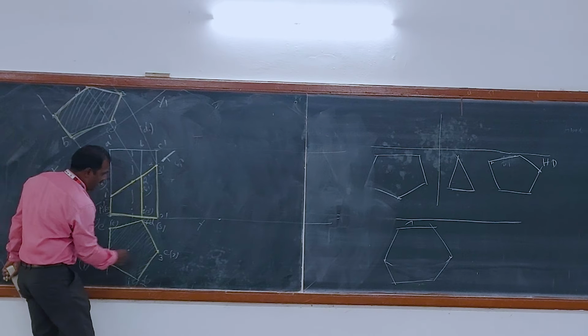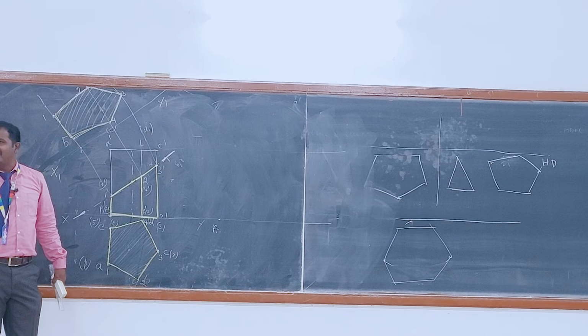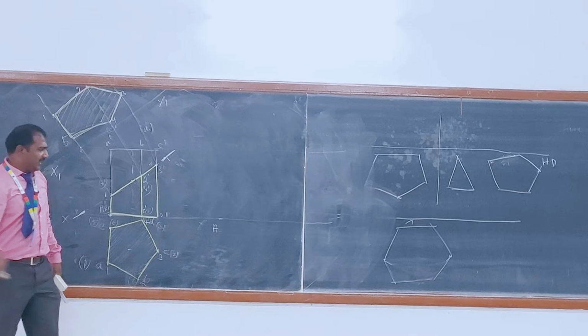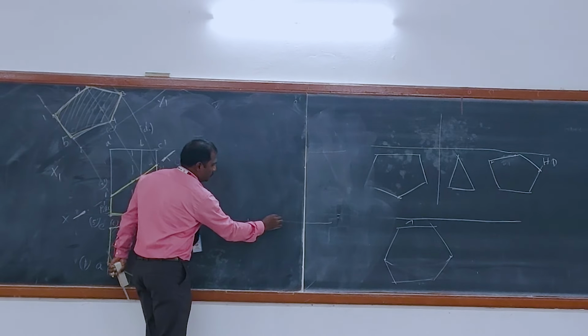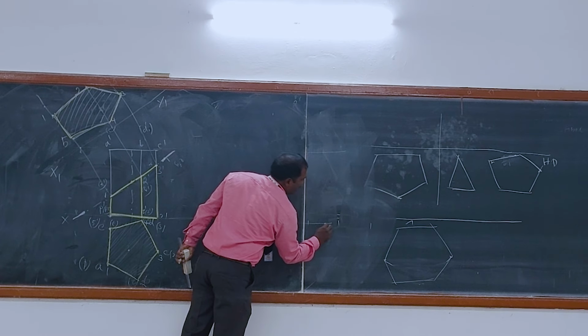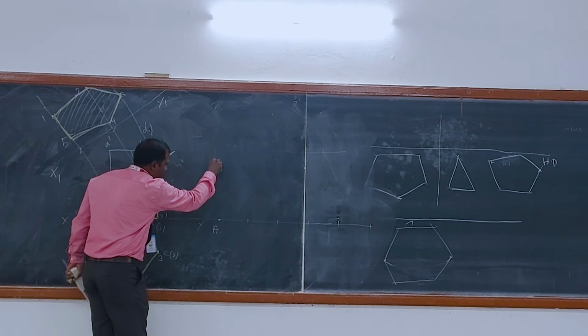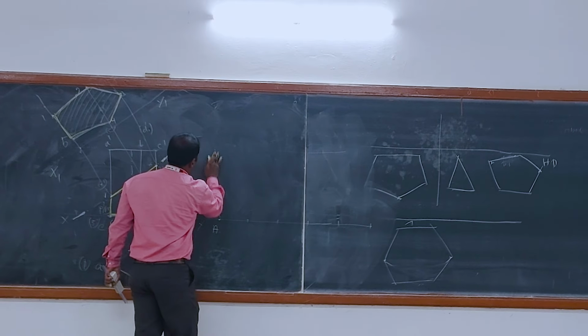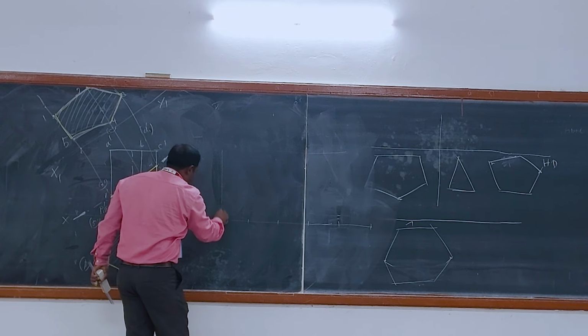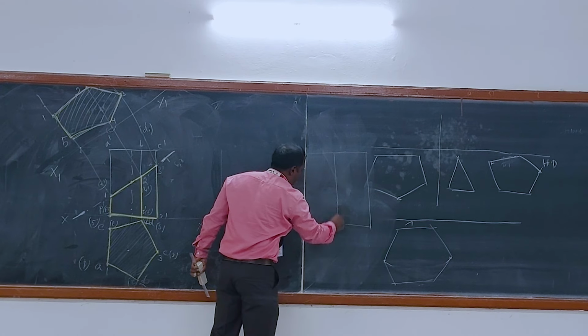I am taking my A, keep capital A, take a compass, measure 30 mm, 1, 2, 3, 4, 5. Make one rectangular box. Draw all the vertical lines.